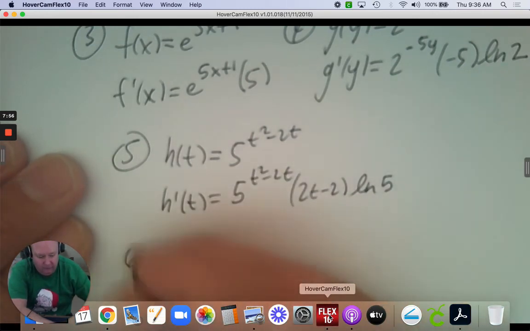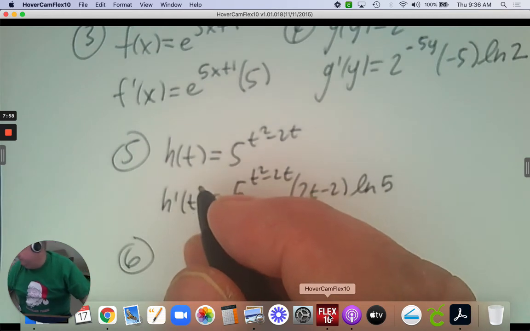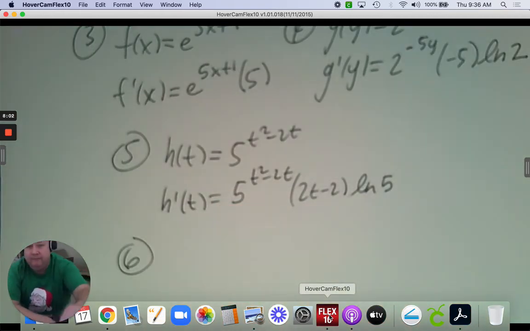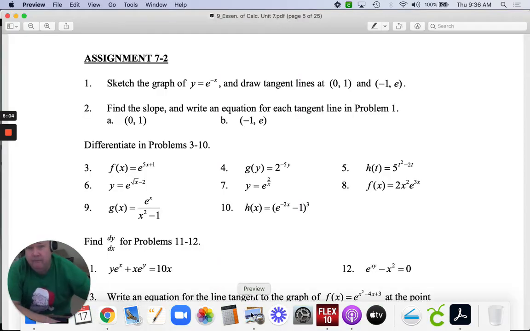Number 6. I'm going to write it calculus friendly right away. So if I see square root of x, I go x to the 1/2, subtract 2, so I do that immediately. And then what's the derivative? What do I notice? The base is e.